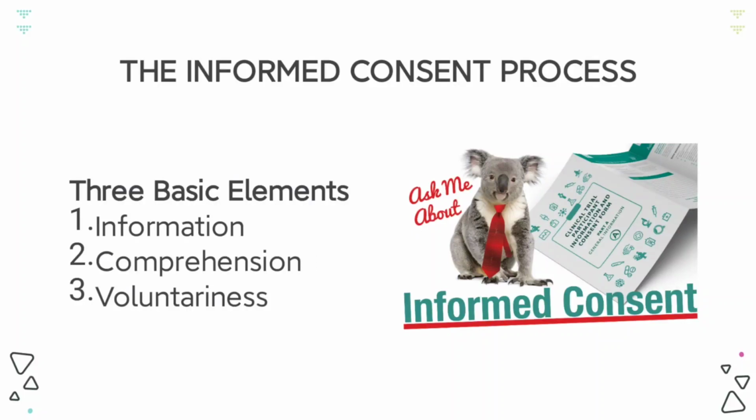So, we have the informed consent process. We have 3 basic elements: information, comprehension, and voluntariness. So, we proceed to the informed consent process. Informed consent is considered a process because a researcher should be able to convey all the necessary information to the potential participants in a manner that is effective and efficient.